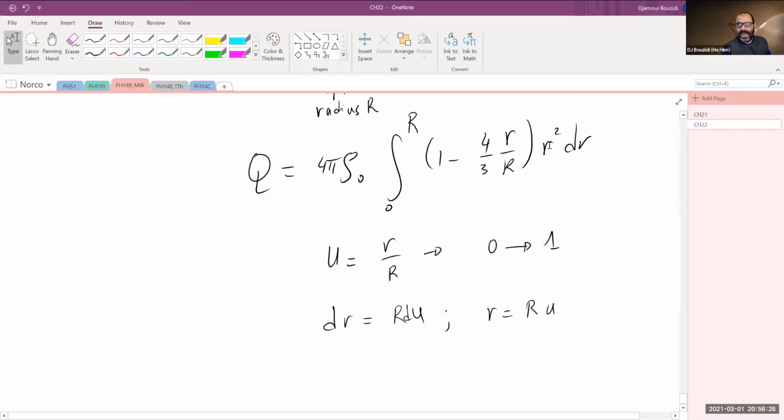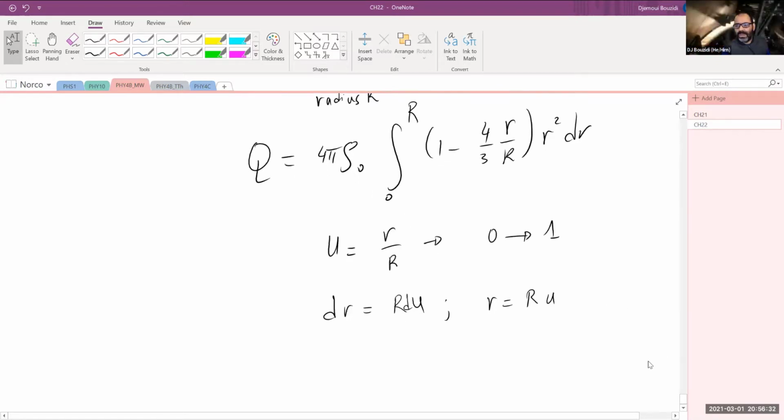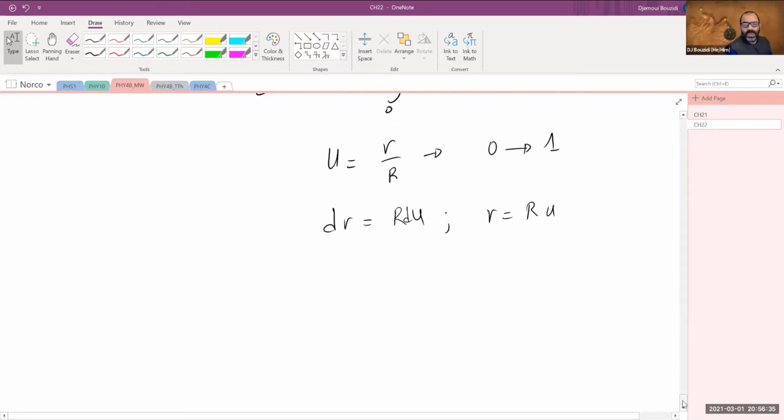Now I pick up an R squared from here and another R in here, so it's going to involve an R cubed outside. So if I do the substitution and I'm careful with my calculation, this integral is equal to 4 pi R cubed, because it's constants, it comes out of the integral.